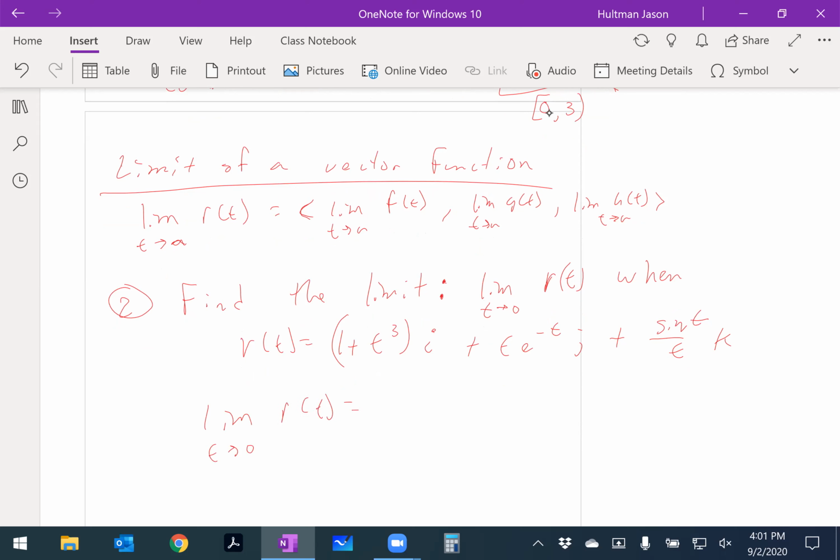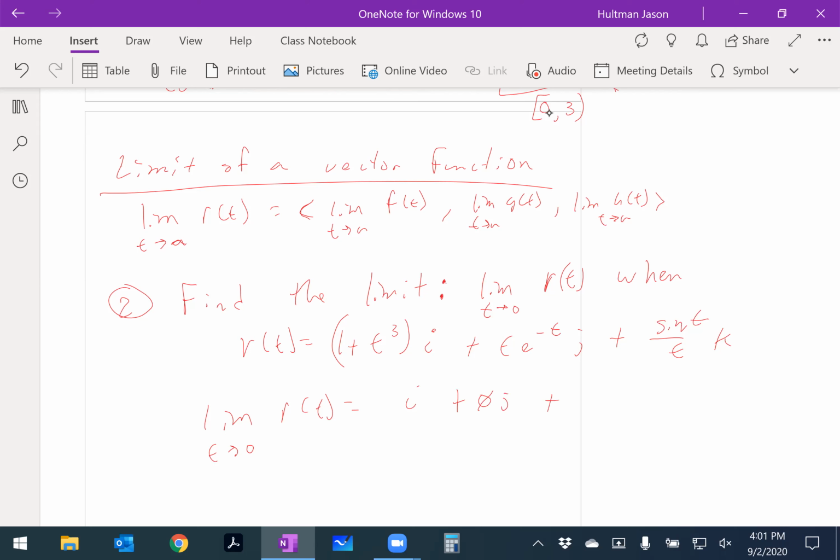Well, what's the limit as t goes to 0 here? Isn't that just 1 plus 0, which is 1, so this is just i. Okay, what happens as t goes to 0 here? That's 0 times e to the negative 0, that's 0, so that's plus 0j. And then what's this one?